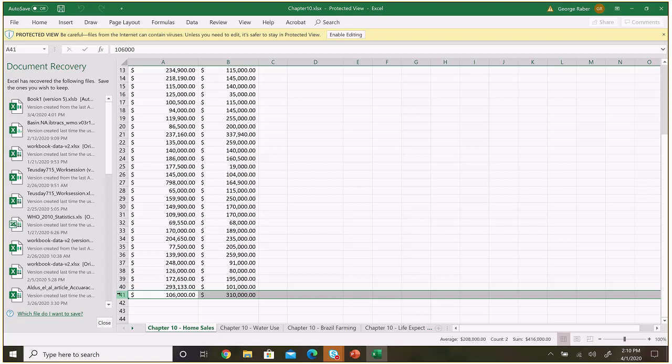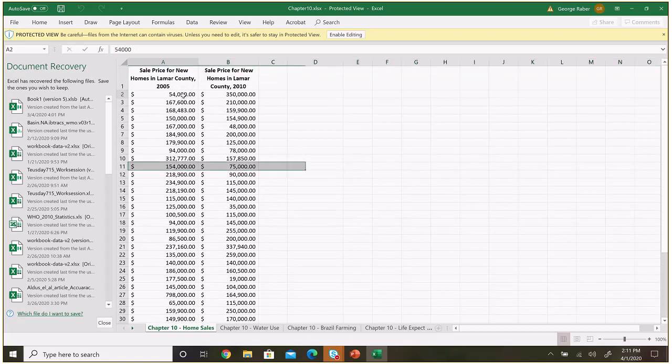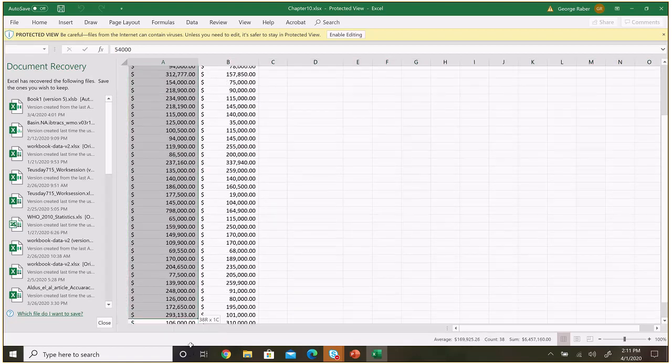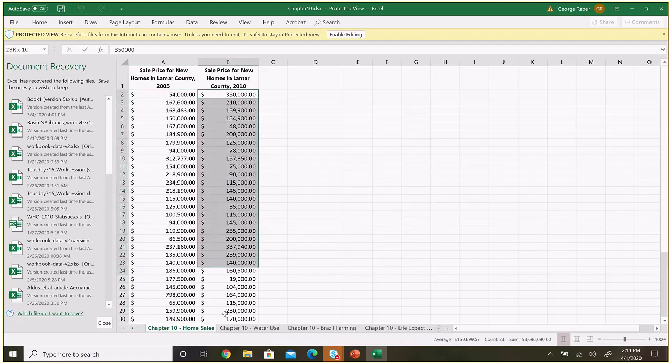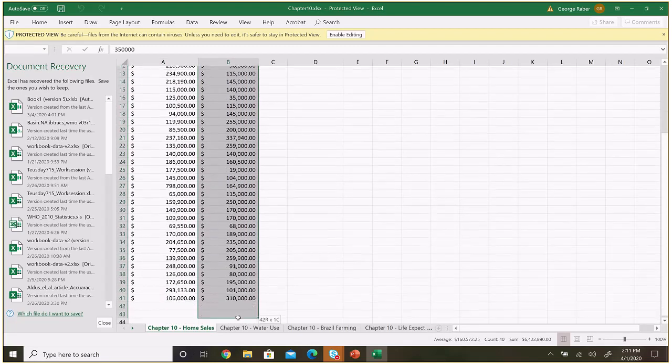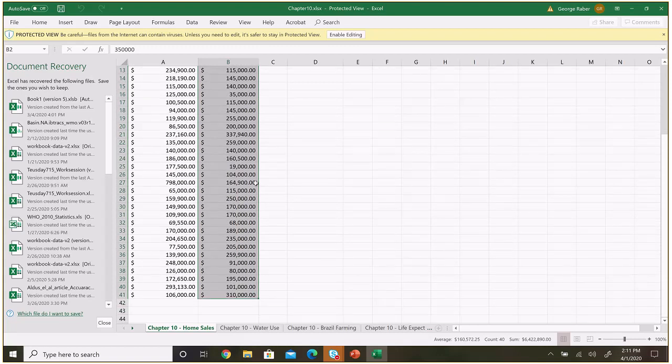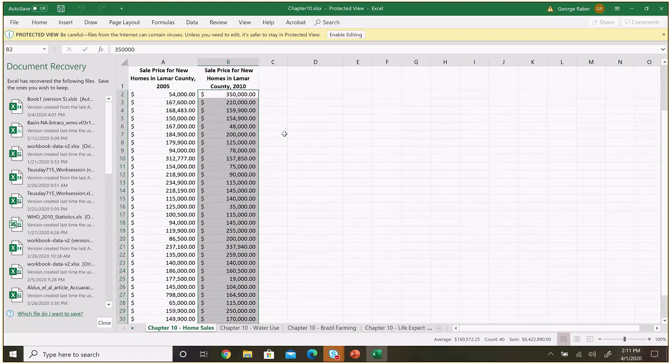Is it reasonable to think that the same 41 homes sold in 2005 versus 2010? No, it's not. This is a random sample of all of the homes that sold in 2005, and this is a random sample of all of the homes that sold in 2010. So this is not a matched pair question.